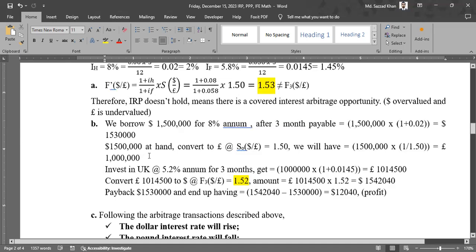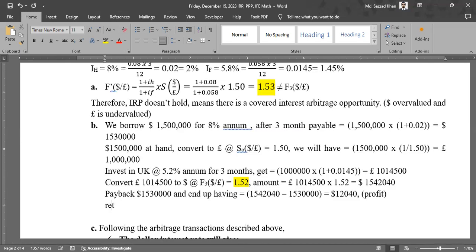Okay, is this profit logical or not? Let us see the return. Return is how much money we're making, 12,040 divided by our original amount, 150.